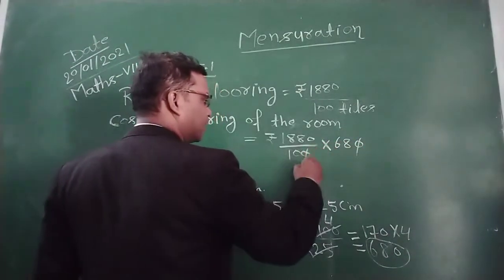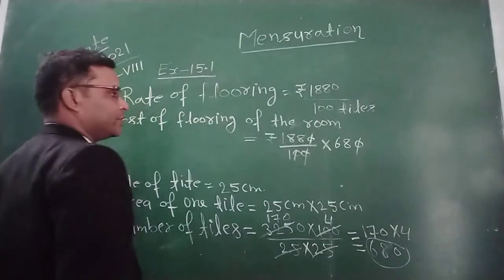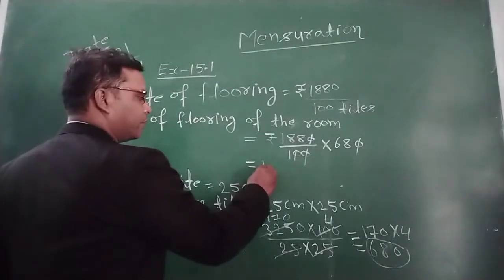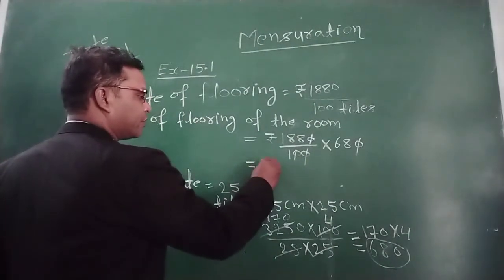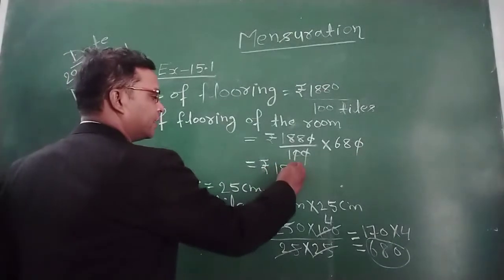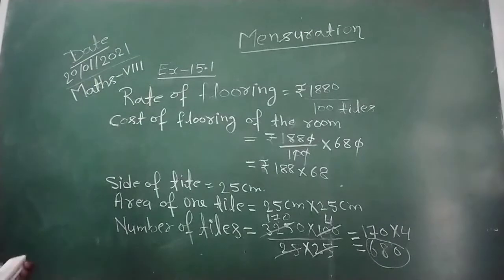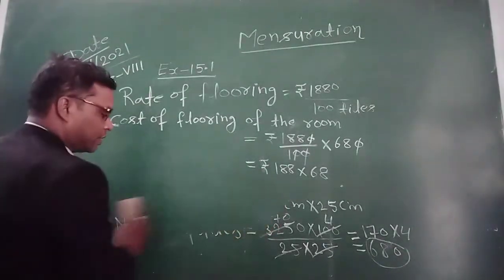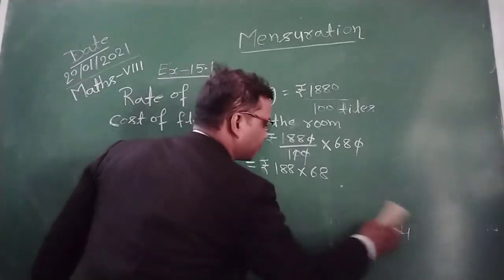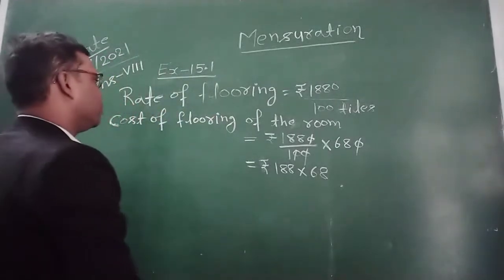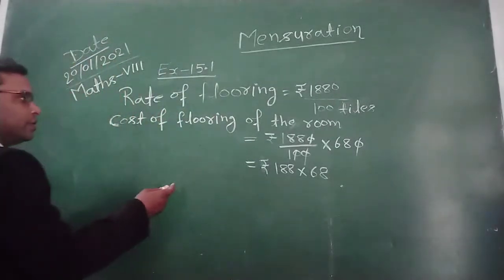1 zero cancels here, 1 zero from here. So we have rupees 188 into 68. This is clear now. If you multiply them, you find the cost of flooring of the room.